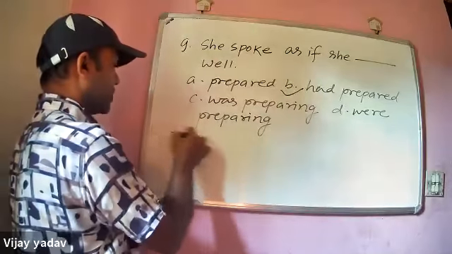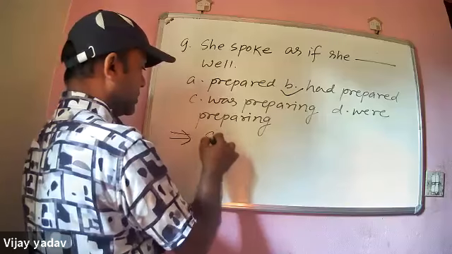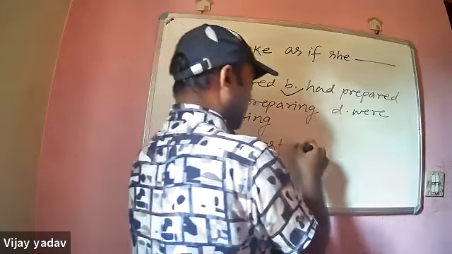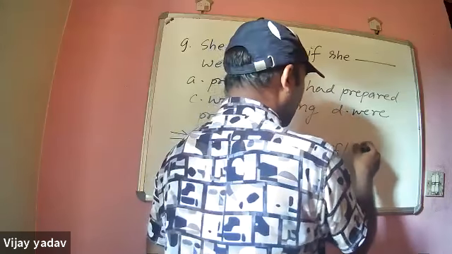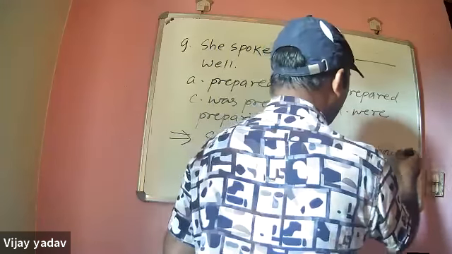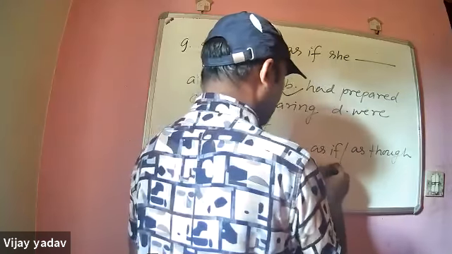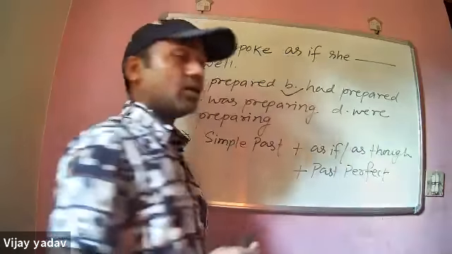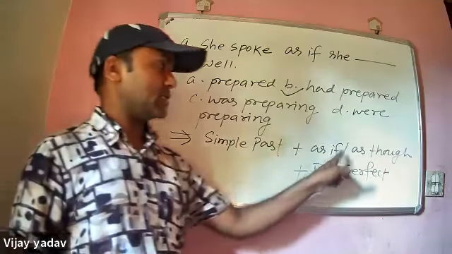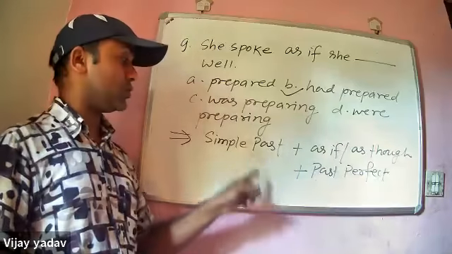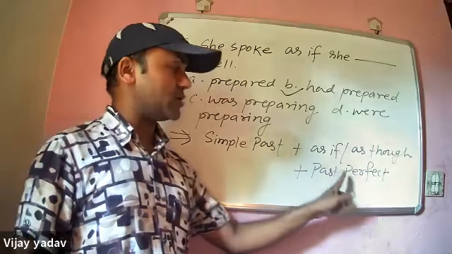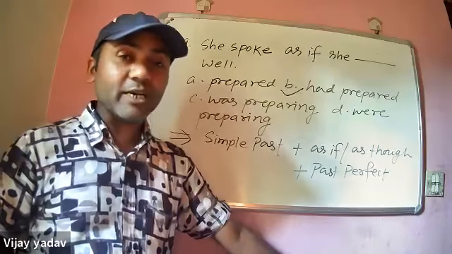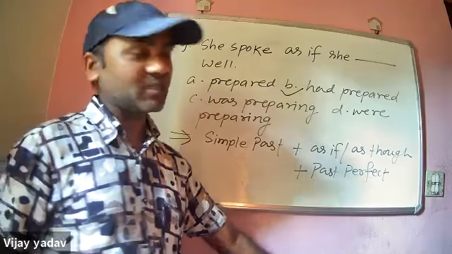So here, the structure is simple past plus as if or as though plus past perfect. If two clauses are joined by as if, as though, and before as if, as though we use simple past, then after as if, as though we use past perfect. Isn't it? And it expresses a real action of the past.